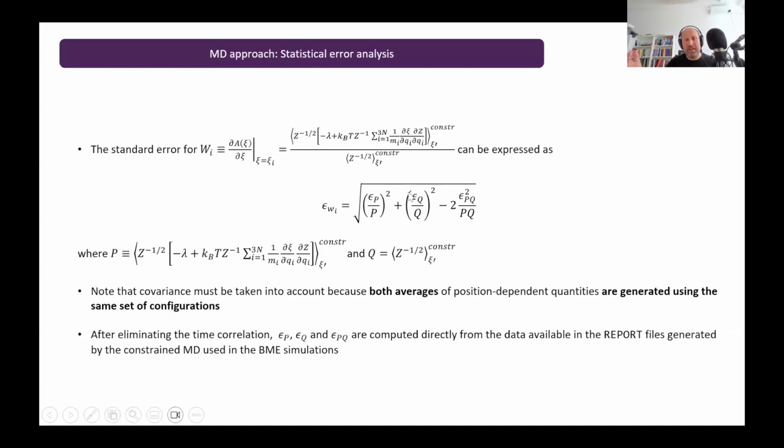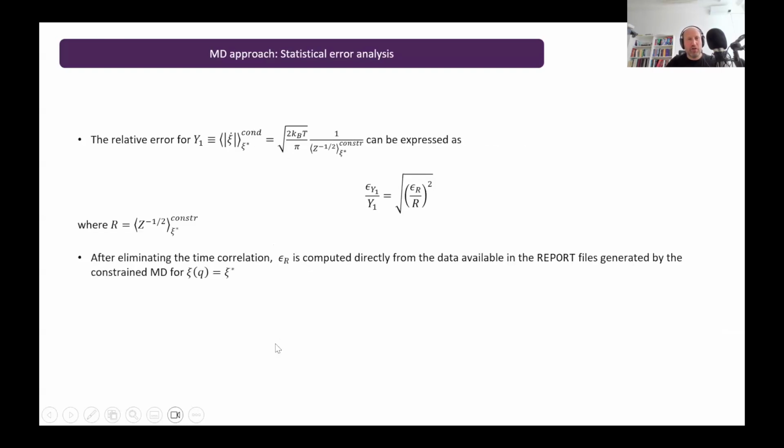So when you use the same data, you can expect certain correlation. So you must not ignore this covariance term. Nevertheless, with this formula, the calculation of standard error for each integration point is pretty straightforward. We just use the same data as we used to compute the averages. The only thing we have to be careful about is time correlation. That's something we shall discuss shortly.